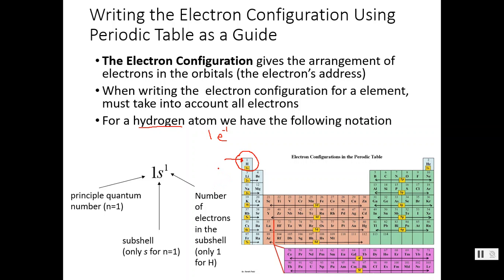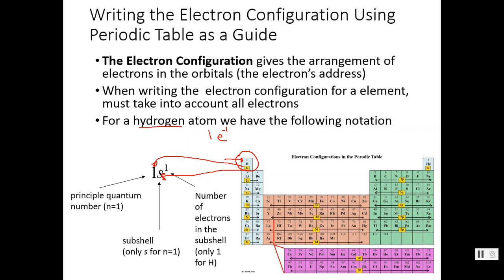So for example, let's say I'm going to do hydrogen. I know I have the answer here, but let's talk about why it is. I've got hydrogen. When I start placing electrons, I have to start in an orbital that has a principal quantum number of 1. I have an s orbital. That's where the s comes in.